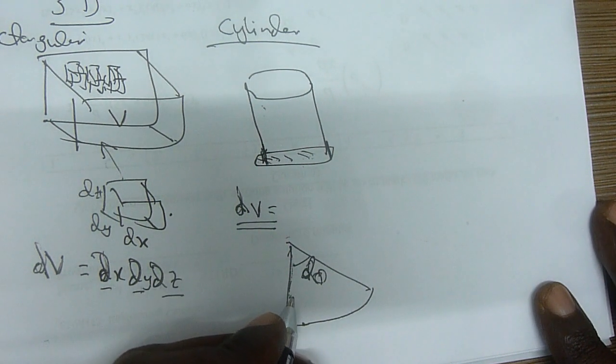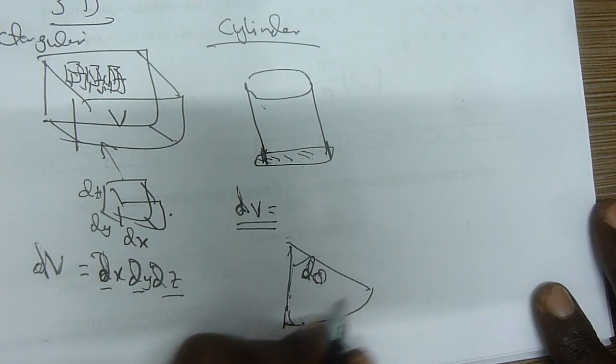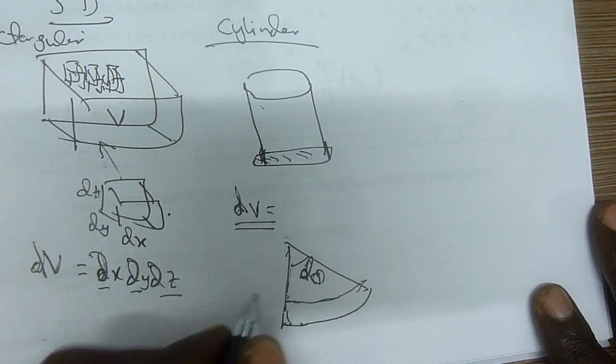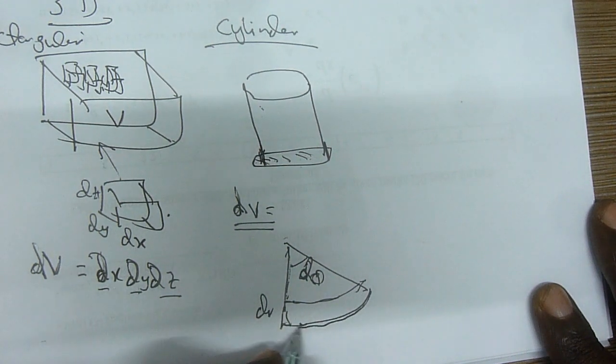Therefore the small d theta can be explained as, I'll take a small chunk of this. This is dr. Okay, what is this? This will be defined as r d theta.